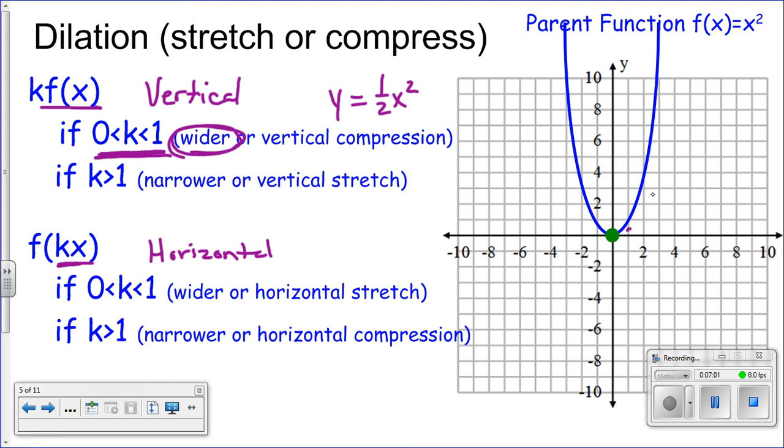Right here, input 2, you get out 4. Take half. Input 3, you get out 9, take half. That's going to be 4.5. I'm going to do the same thing on the other side. Take half of 1, take half of 4, take half of 9, and you'll notice when you take half, look at that, this thing gets wider. Okay?